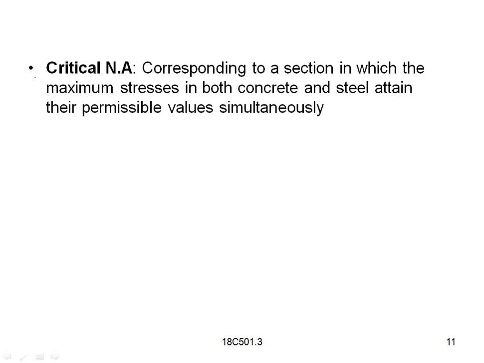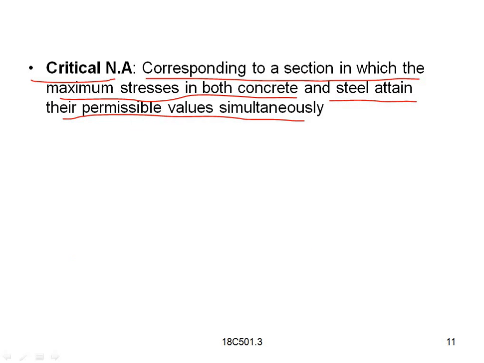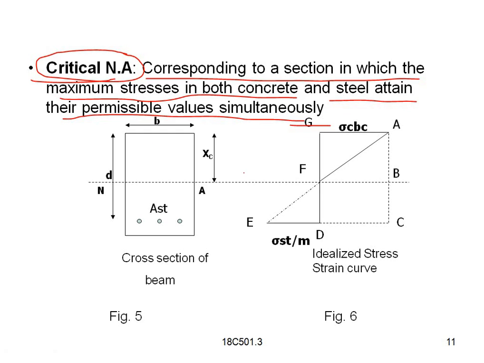The critical neutral axis corresponds to a section in which the maximum stresses in both concrete and steel attain their permissible values simultaneously. In the critical neutral axis section only, this will happen.